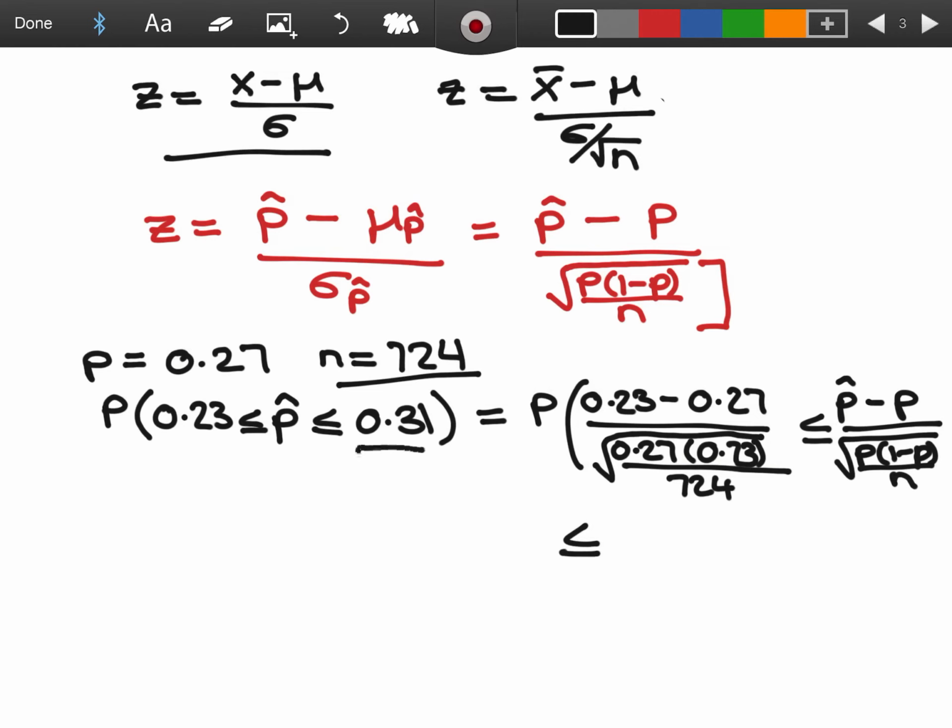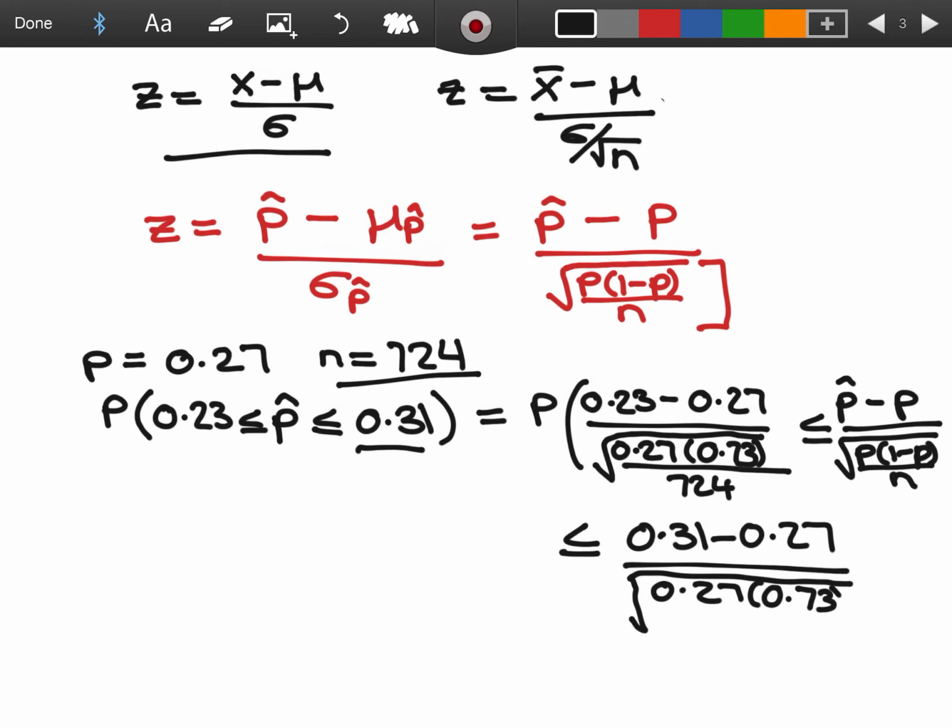And that is less than or equal to, and you're going to do the same thing to this side here, 0.31 minus 0.27 over the square root of 0.27 times 0.73 over 724.